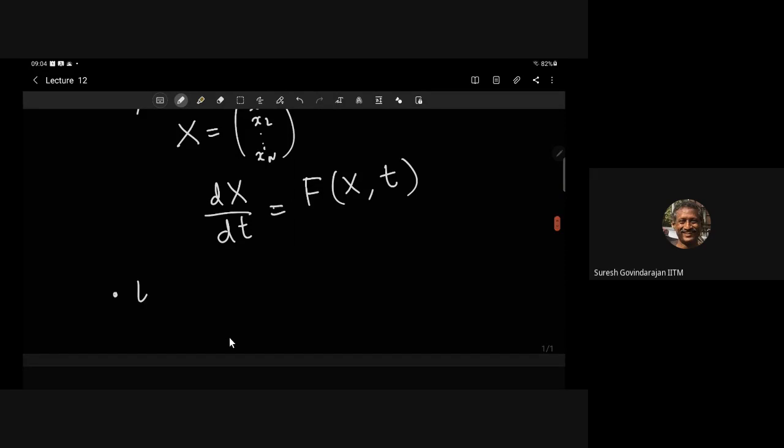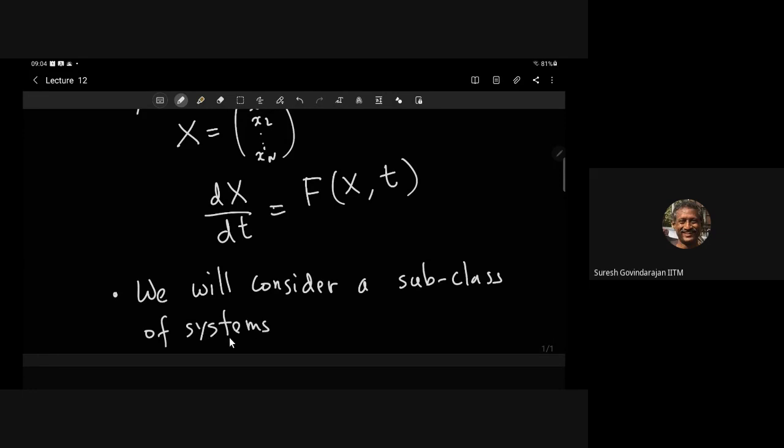So we will consider a subclass of systems, okay, for which dynamics is specified differently.